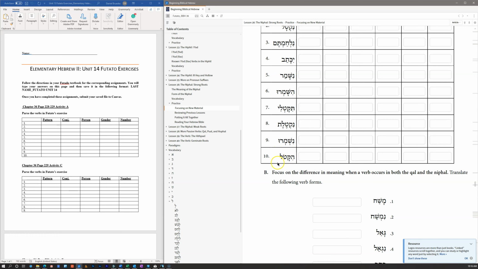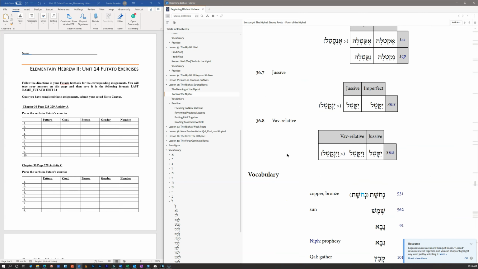Of course, it's one of those imperfect conjugations that loses its prefix. So it's either infinitive construct or imperative. It could be infinitive absolute, but I believe the infinitive absolute has, I want to say it has a sere here.